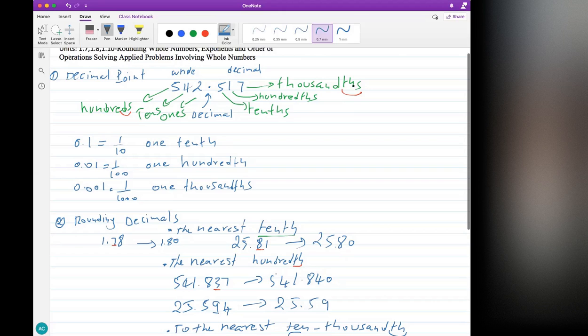For the nearest thousands, with the THS? Yes. So if you see THS, that has to have a decimal. If you don't see a THS, you know you're dealing with just a whole number.